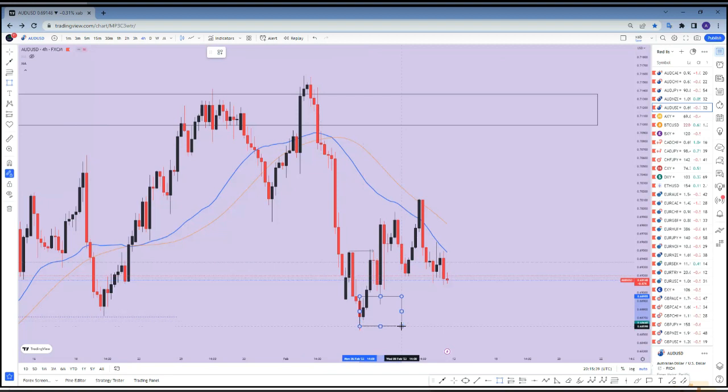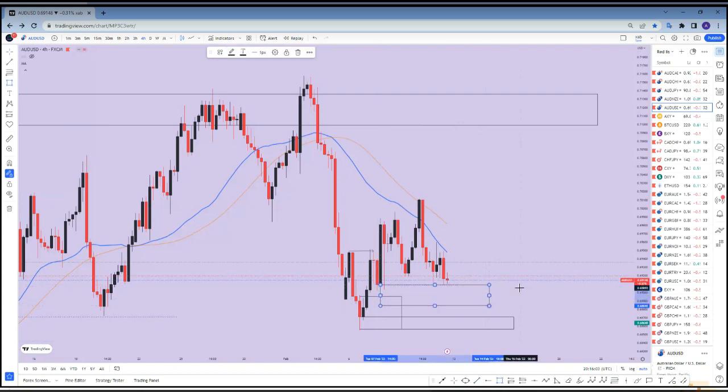So this is the initial order block. It's been retested. I think that leaves us with this. So we could see this has been a liquidity grab, because I'm expecting price to actually come lower than that. So that leaves us with two options.